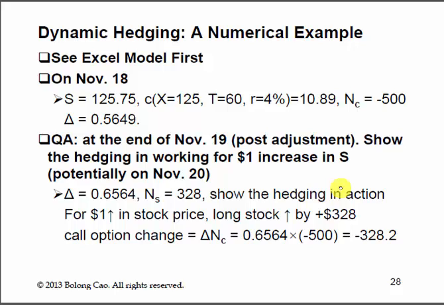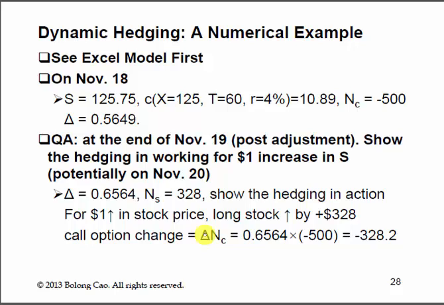The call option change we can approximate, and we'll talk more about this approximation later on. What we are doing here is saying that delta, by definition, is how the call premium will change when you have a $1 increase in the underlying stock price.